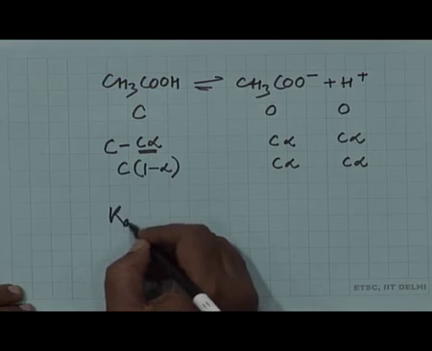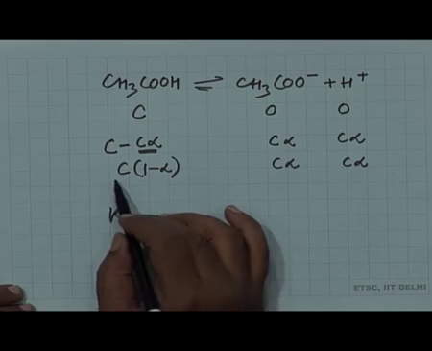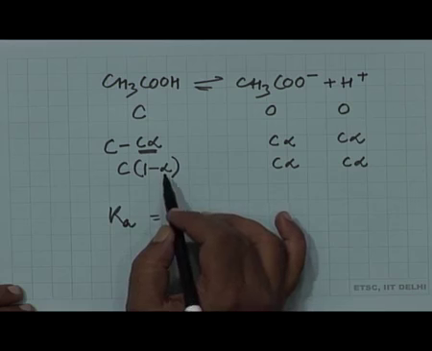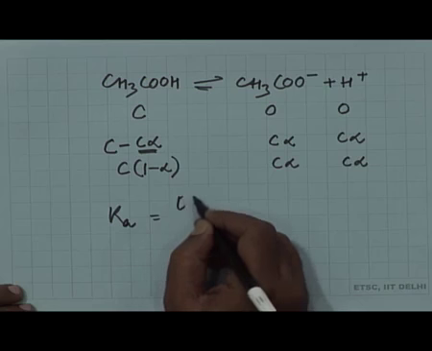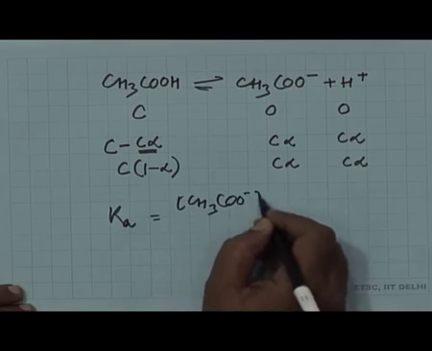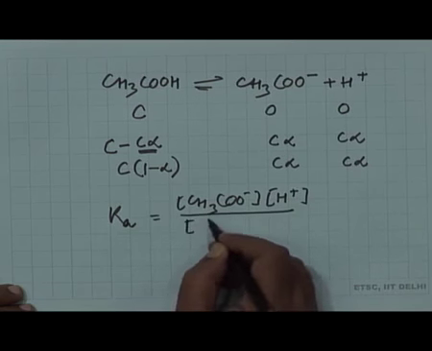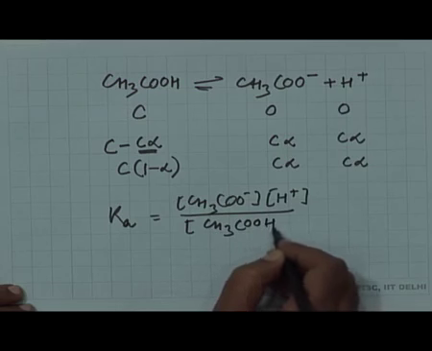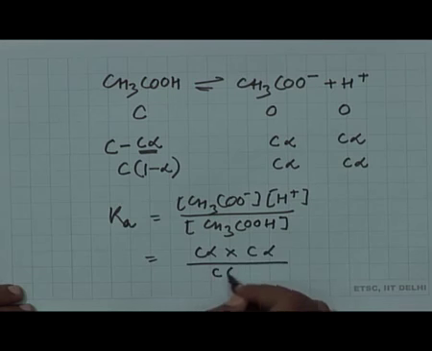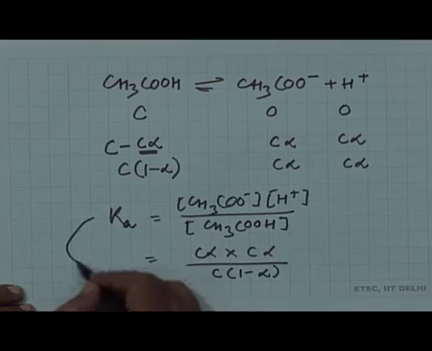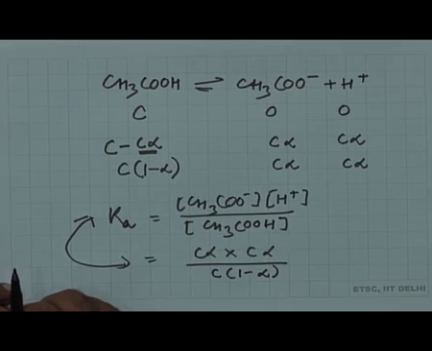Now, we can write Ka in terms of the initial concentration and the degree of dissociation, alpha. How will we write it? We know that this is acetate ion into H plus divided by CH3COOH, and since this is C alpha into C alpha divided by C into 1 minus alpha, we can express Ka in terms of alpha, the degree of dissociation for acetic acid.